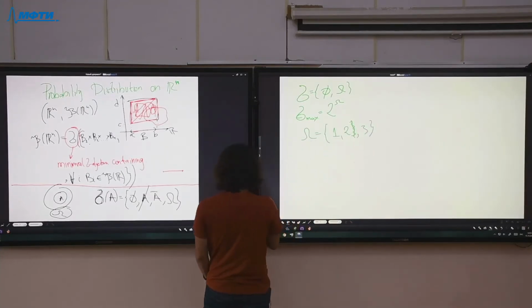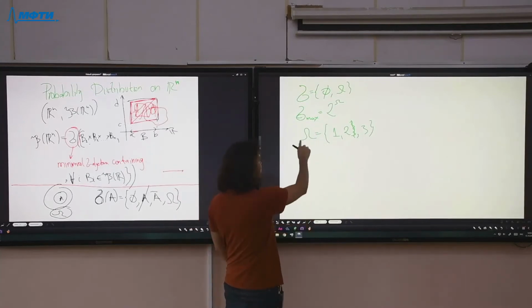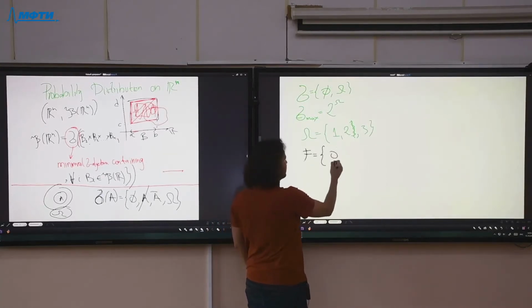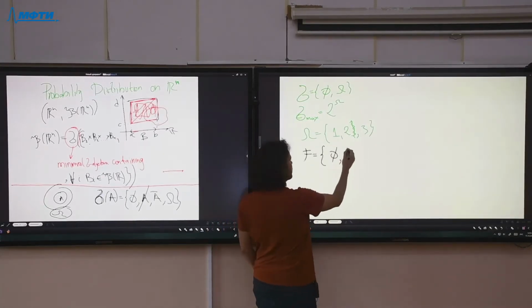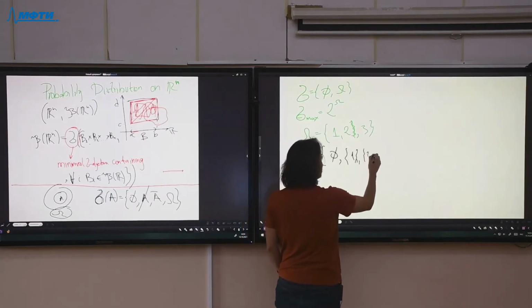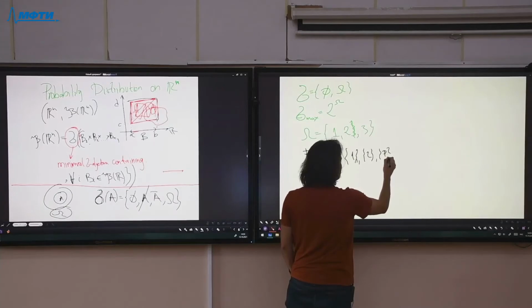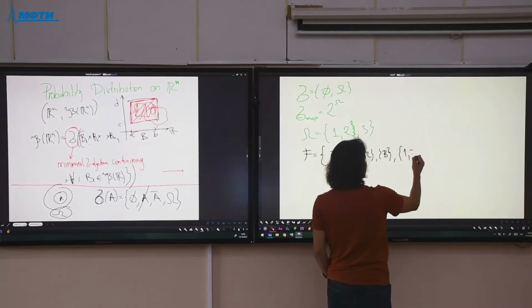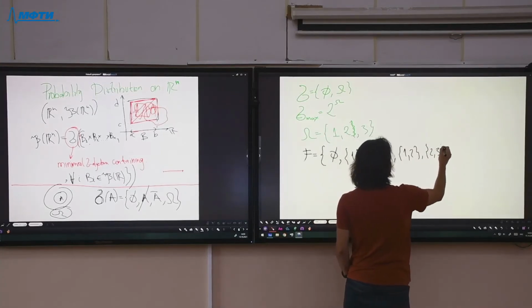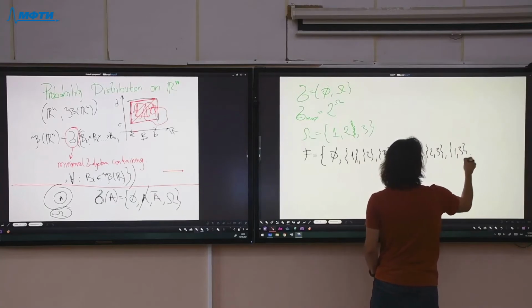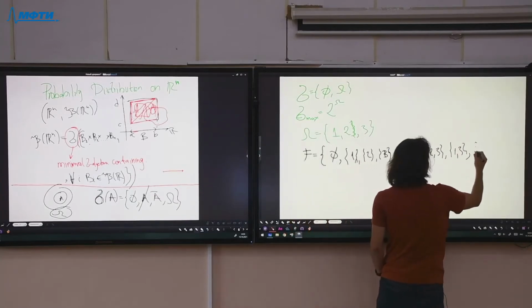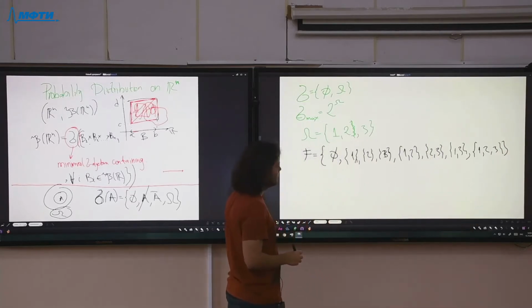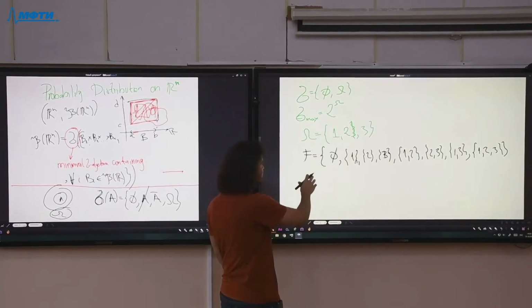Okay, let's write the sigma algebra for omega. The empty set, right? Then we take the singletons. Then we take all the possible pairs. And then we take omega itself. This is the power set, right?